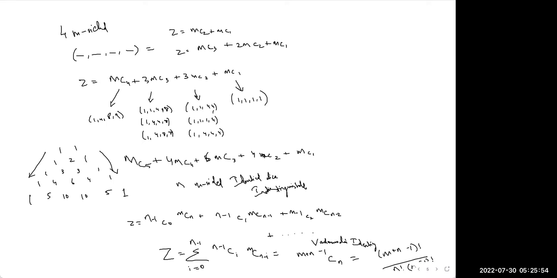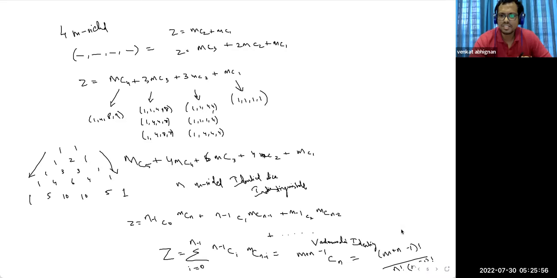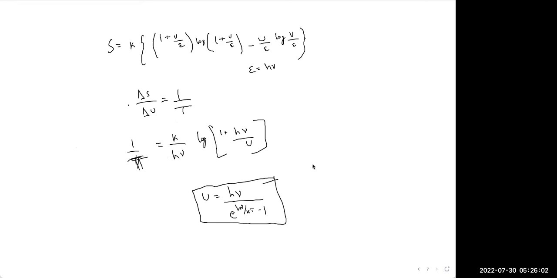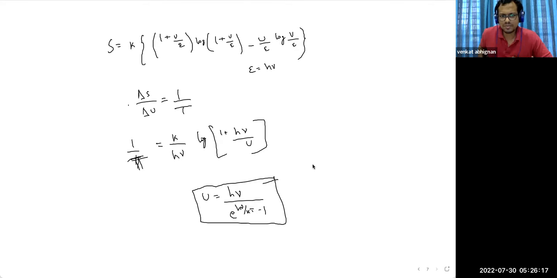Venkat? Yes, sir. Can you go to the last slide? Okay. So you are calculating entropy in terms of U. Then finally, you are using this relation delta S by delta U is equal to 1 by T. From there, you are getting an expression for U in terms of frequency, right?